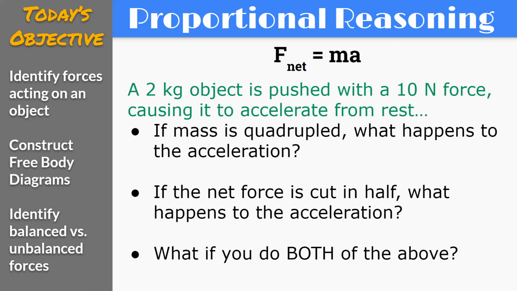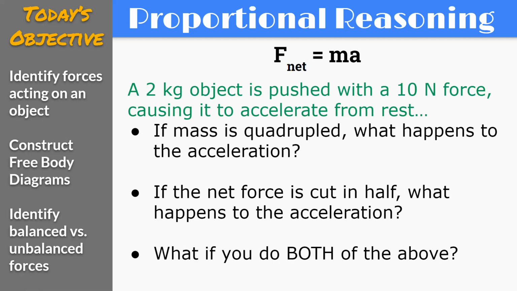All right, so let's look at a couple proportional reasoning questions. This one says a 2 kilogram object is pushed with a 10 newton force, causing it to accelerate from rest. If the mass is quadrupled, what happens to the acceleration? We've already kind of talked about this, but let's go over some more definite examples with some numbers in them.